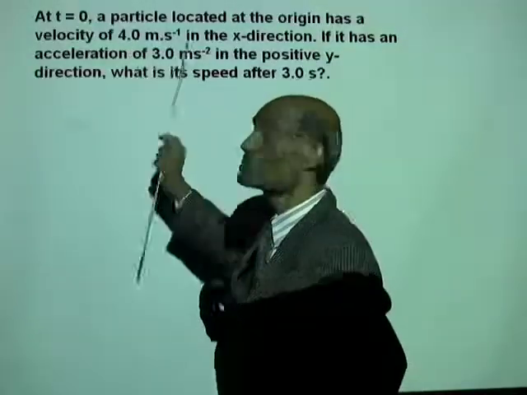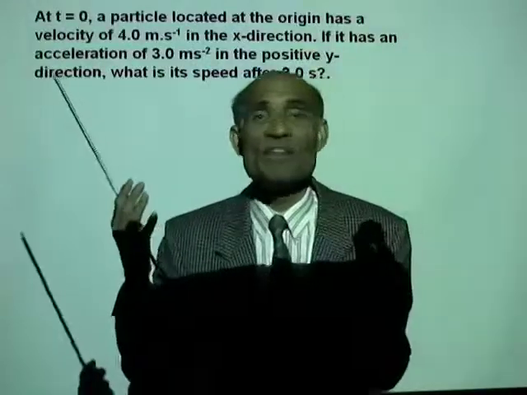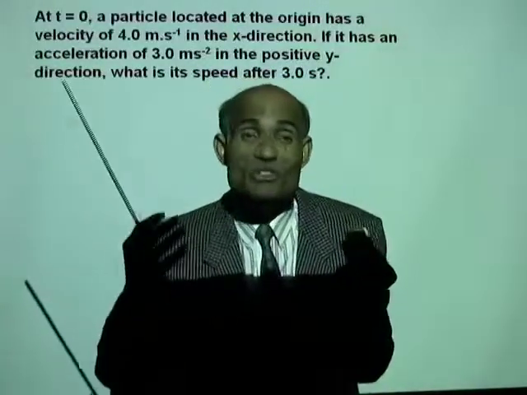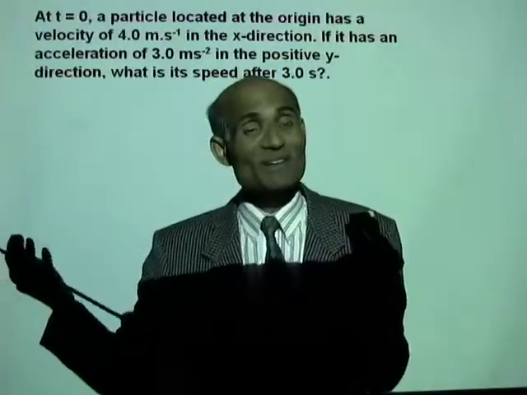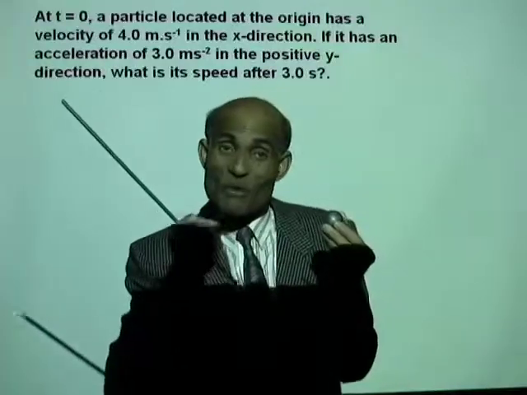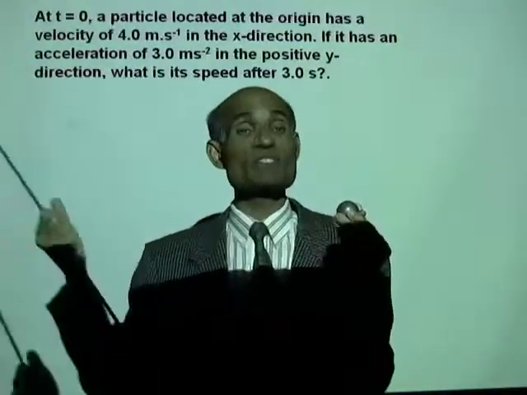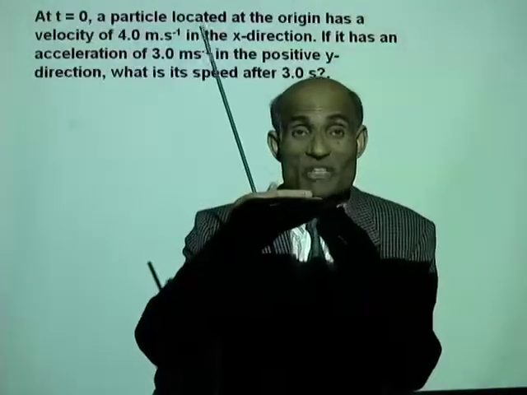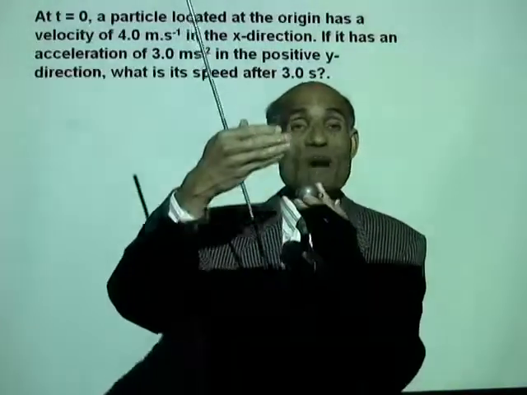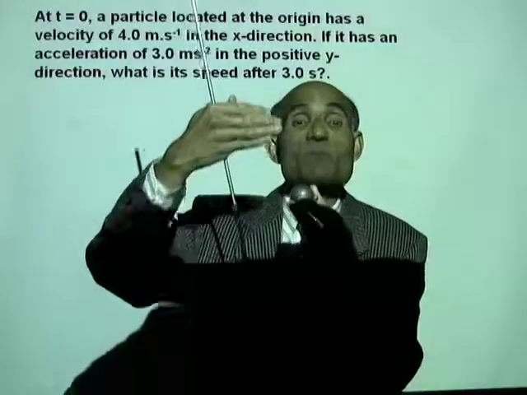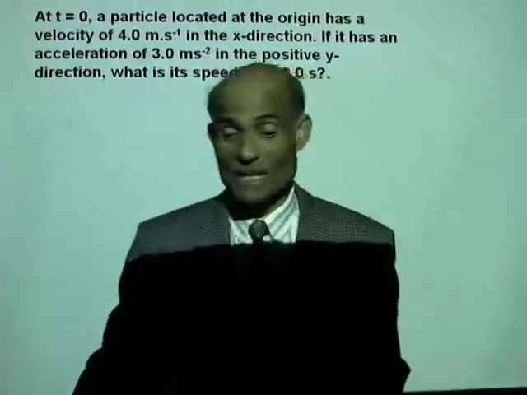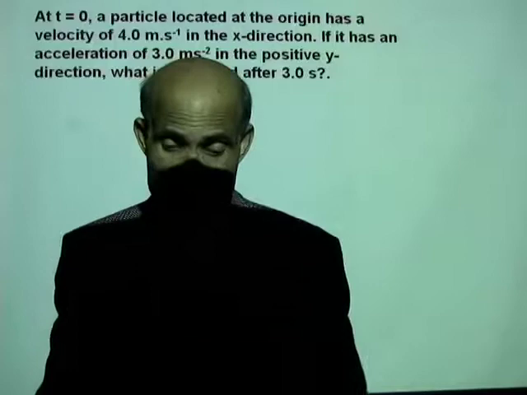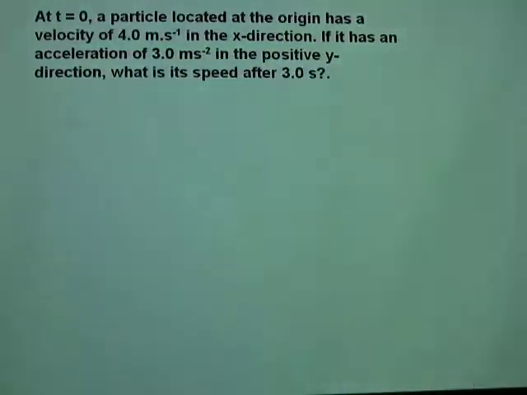This x velocity will not change. There is no acceleration in the x direction. That means the velocity will remain a constant in the x direction. But since it has an acceleration in the y direction, it will start picking up velocity in the y direction. Alright, let me see if I can illustrate that for you.